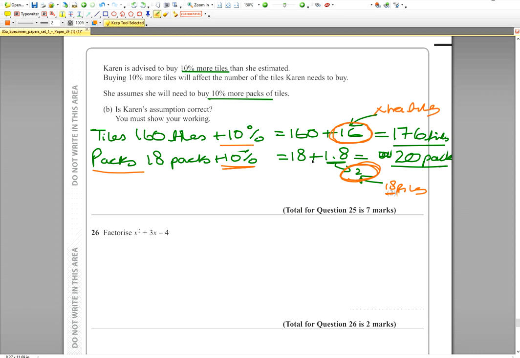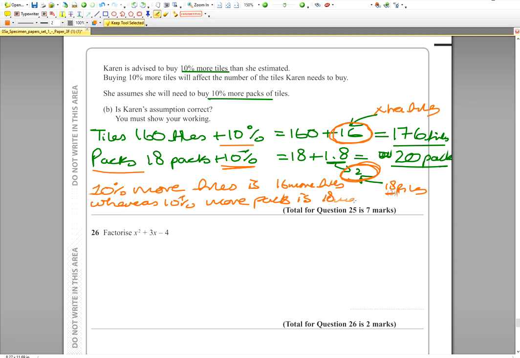So, okay, the answer is the assumption is incorrect. So 10% more tiles is not the same as 10% more packs. Write that down. So 10% more tiles is 16 more tiles, whereas 10% more packs is 18 more tiles.